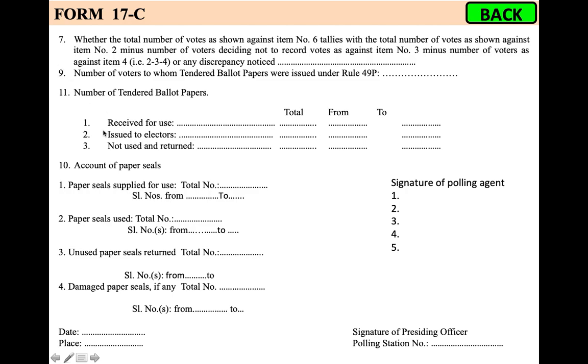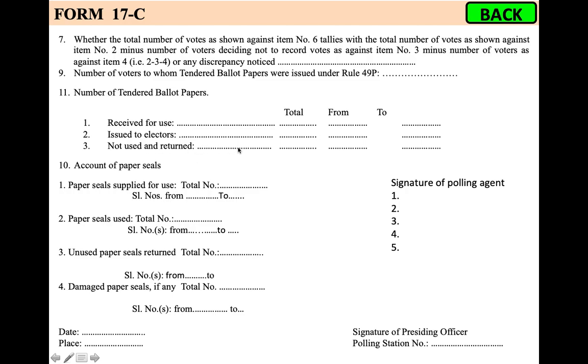There are three different points: receipt for use, the total number of ballot papers that has been received along with the election material, which you have to write; the total number of ballot papers that has been issued for tender ballot; and the total number of unused tender ballots.